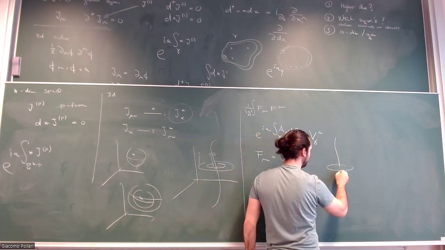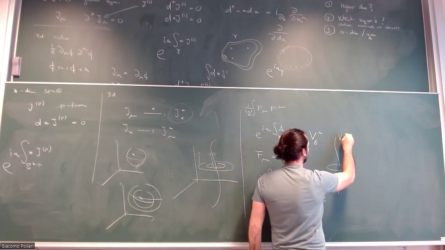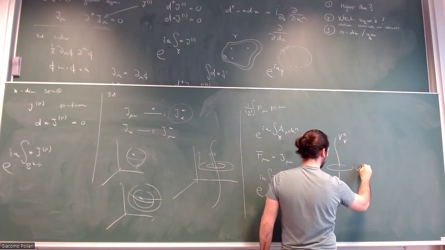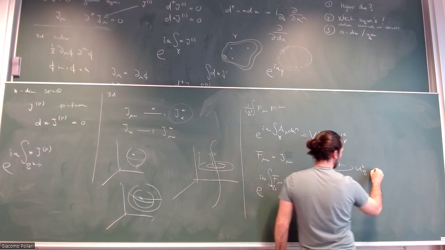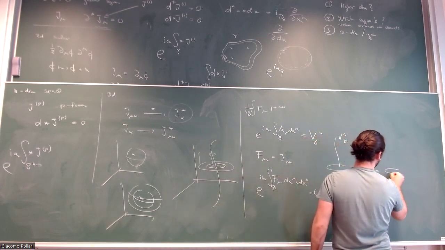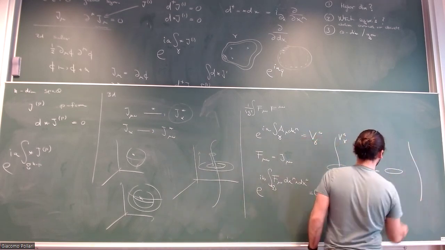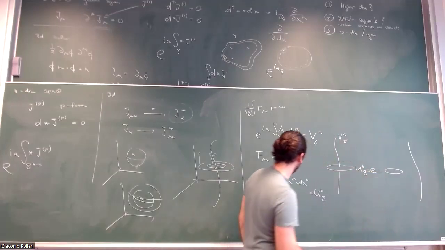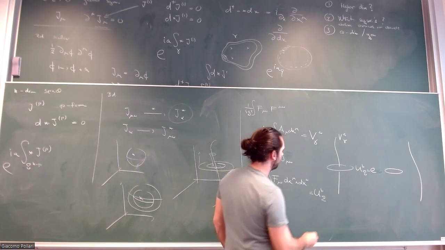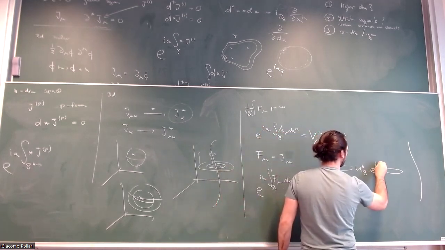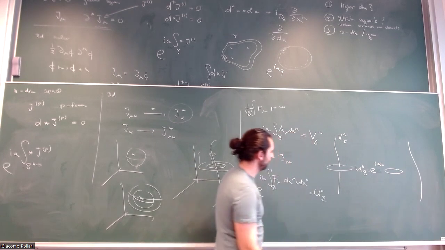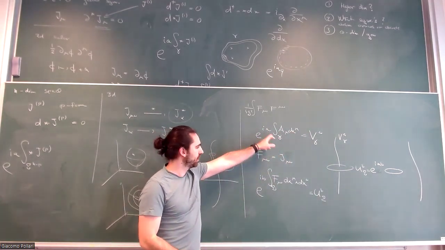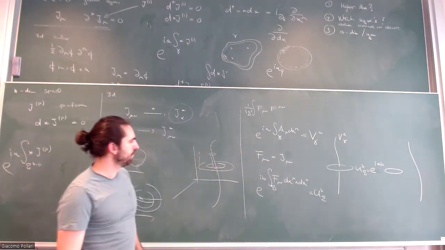And the claim is, this is equal to this, but with an extra factor, which is the linking. And you should think of the A as a charge of this particular symmetry.